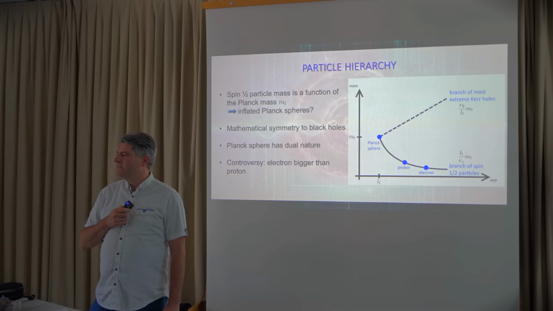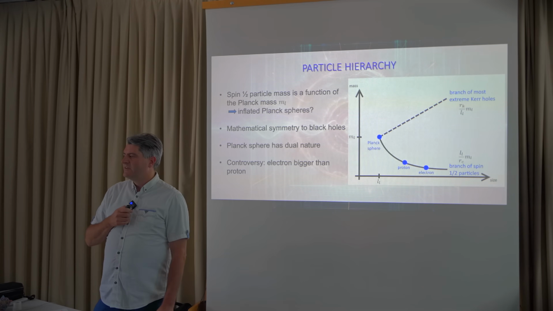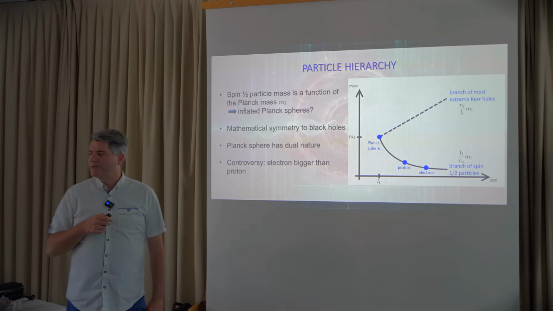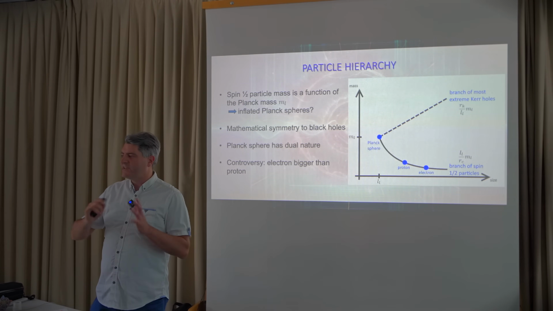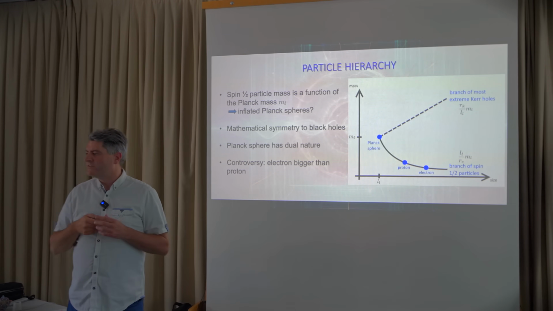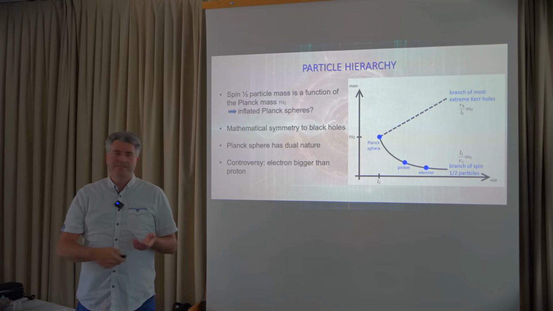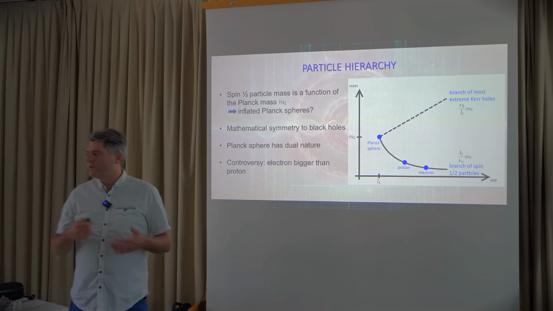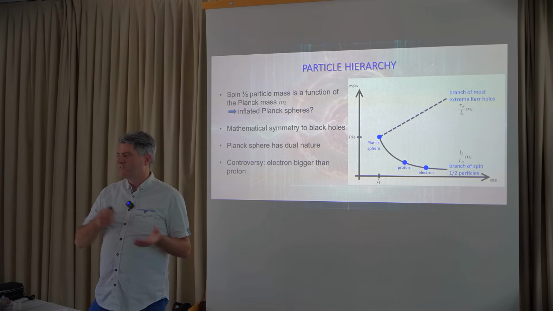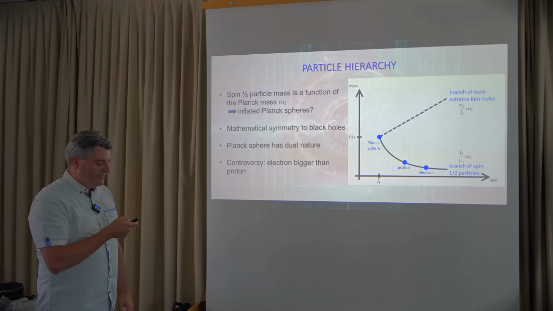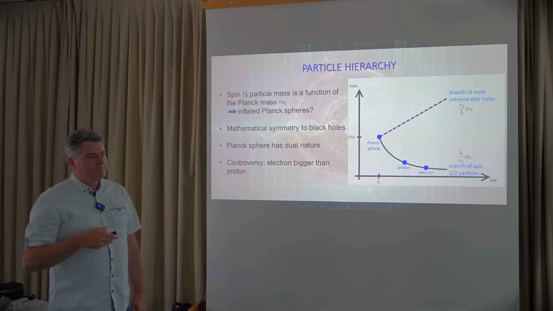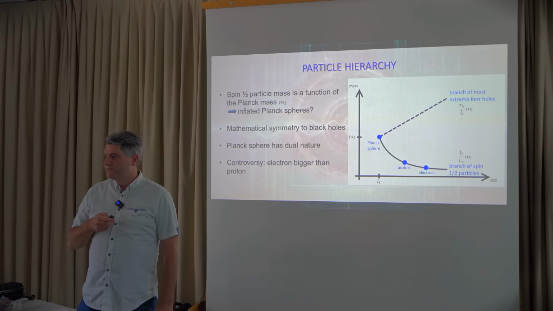It might be very easy to misinterpret these experiments if you're not aware of what's really going on with the electron. So this is my take on it, that the experimental data may have been misinterpreted because they're going to higher and higher energies. And of course, it's getting smaller and smaller the higher the energies get. So that might be a reason why, although it seems outrageous, it might actually be physically true.